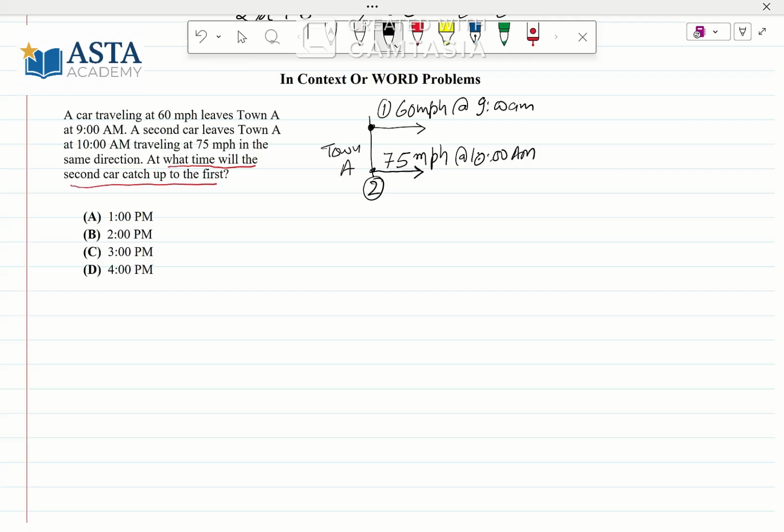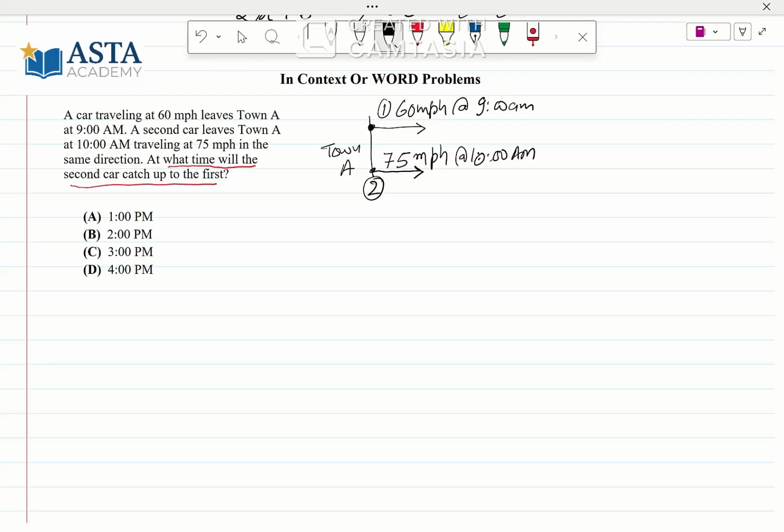So let's say from left to right. Now we have to find the time at which the second car catches up with the first. The trick here is to realize what will be the same. Will it be time? Will it be distance? Will it be velocities? In this case it is given that the times are different.